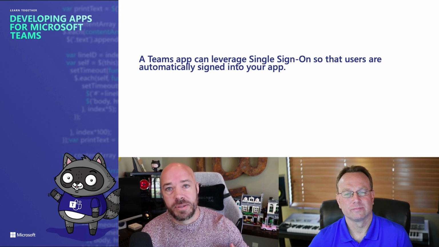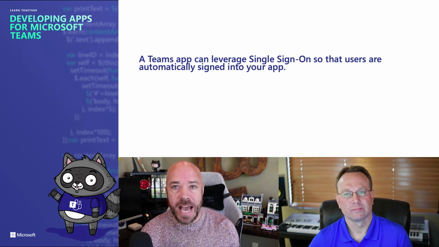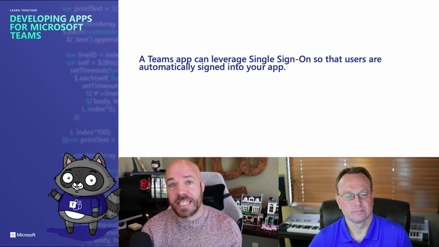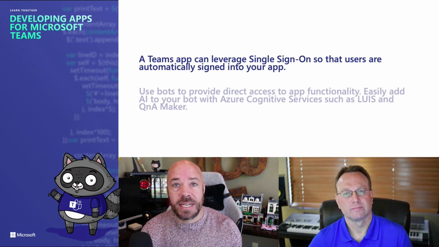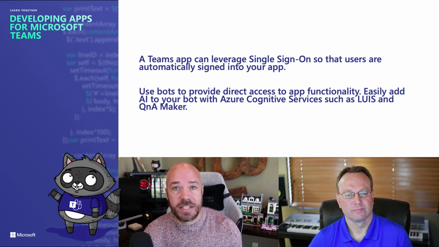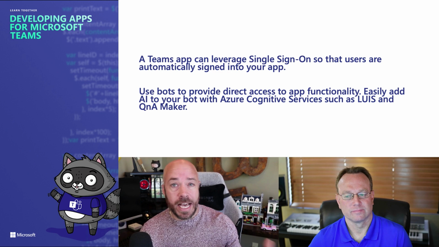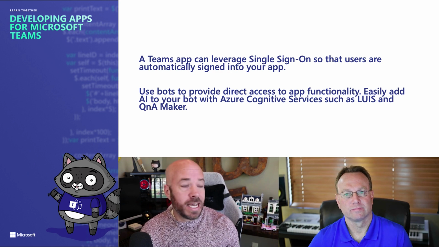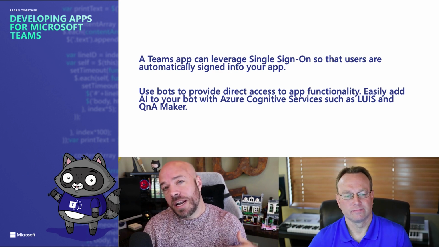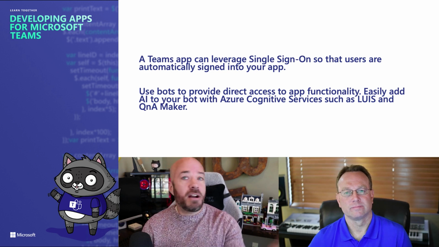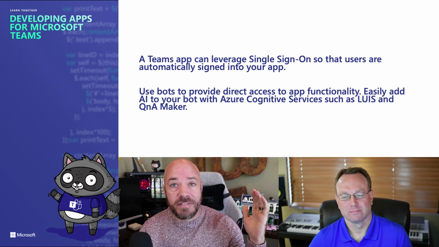If I'm logged into Teams, I'm automatically logged into the app. And even better than that was the fact that we were able to interact with the data via a bot. And that bot can understand what I'm saying naturally because of Azure Cognitive Services like LUIS, which is natural language processing, and Azure Q&A Maker, which is what allows us to get to the data in the application from the bot. And better yet, now we know the meaning to life.